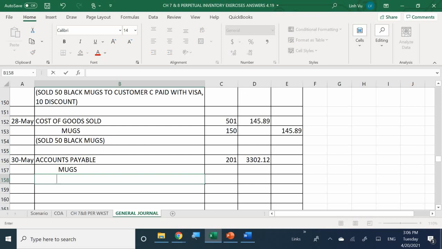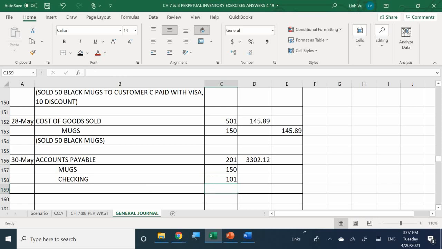Returns, discounts, or allowances, yes, everything's going to be taken out of inventory. So in this case, I have to take it out. In order to take out from my inventory, I need to credit my account. Okay? And then last but not least, you wrote a check. So therefore, checking is going to be your account here.